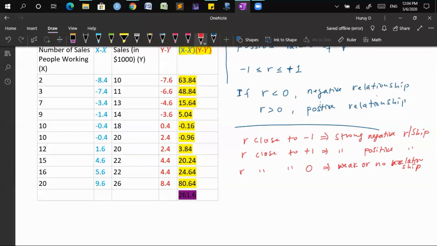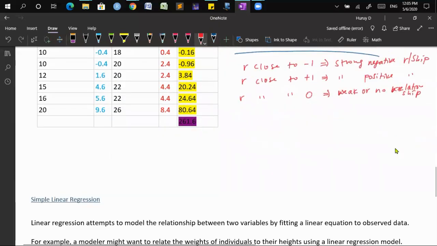So remember, if it is close to -1, you have a very strong negative relationship, which means R negative looks like this. If R is positive, then you have this kind of line. And R is 0, just the same interpretation as slope.